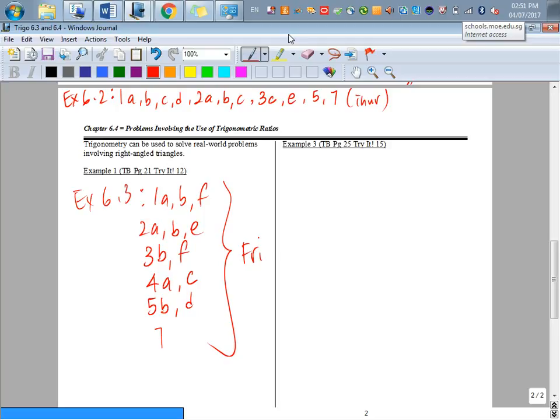Oh, submitted to Miss Mazura already. Okay, then never mind, you can pass it next time when the maths rep is right, just write down never submit. Okay? 6.3 by Friday, yes. 6.2 by Thursday. Bring your same set of notes for the next lesson.